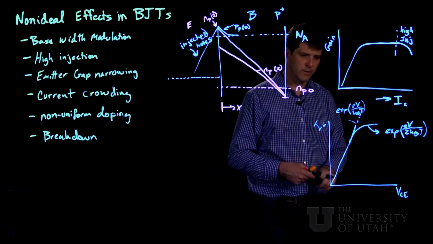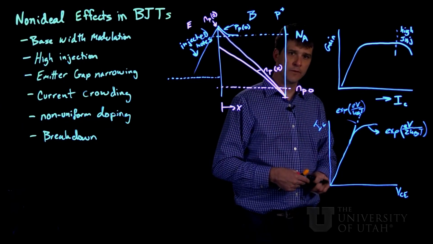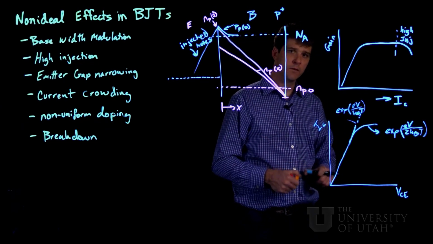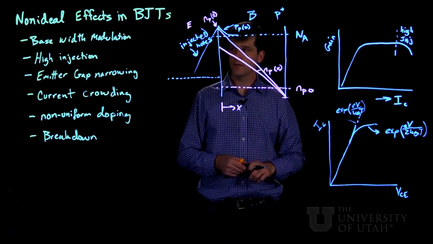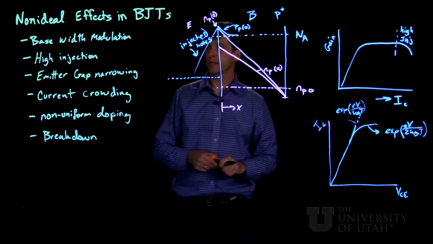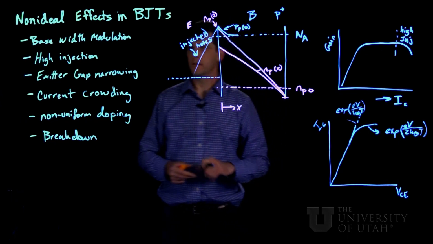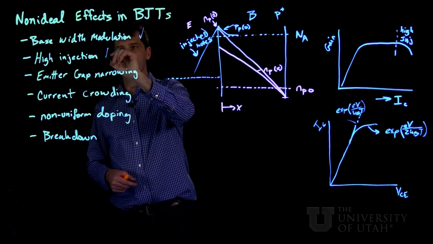And this is coming from the same effects that we saw in PN junction forward bias currents also.